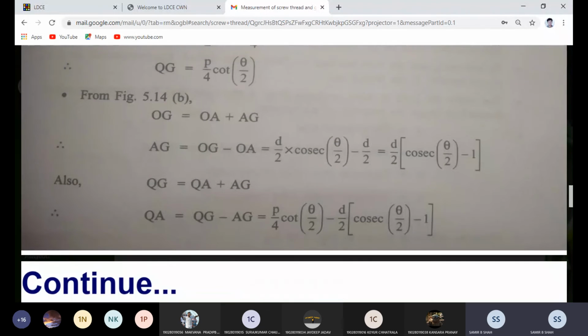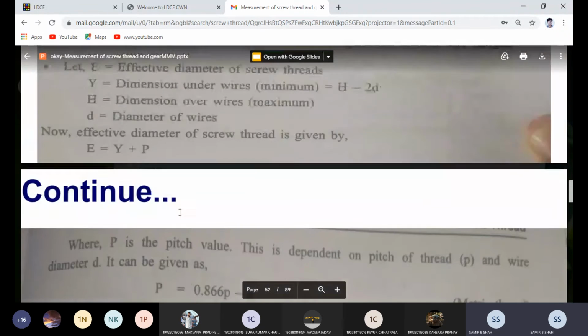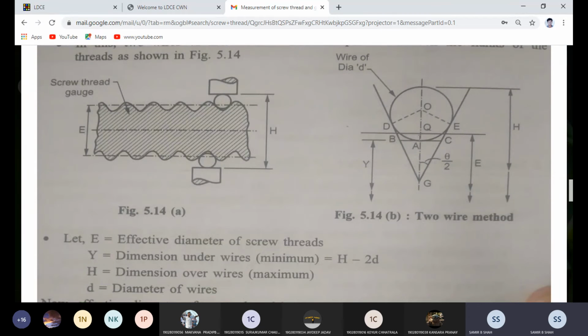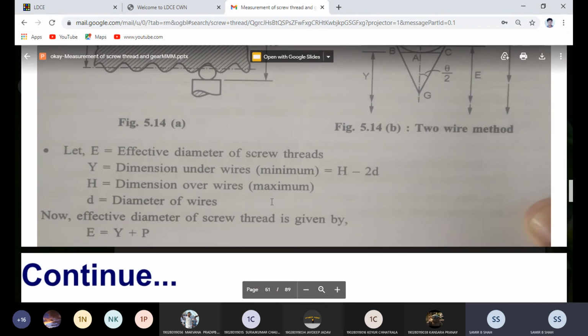Okay, so these 3 points we have covered. We know that AQ is half of the pitch value. So we consider that P means pitch. P is equal to twice of AQ.